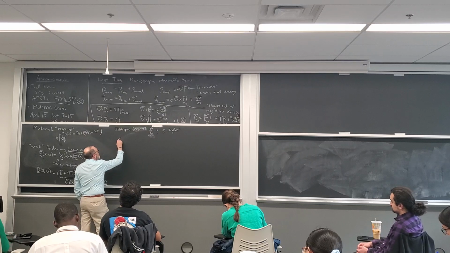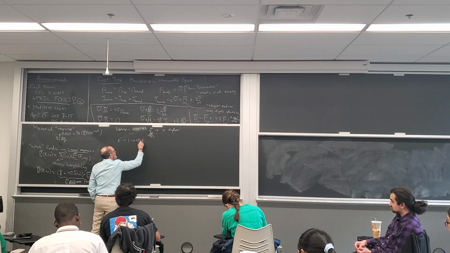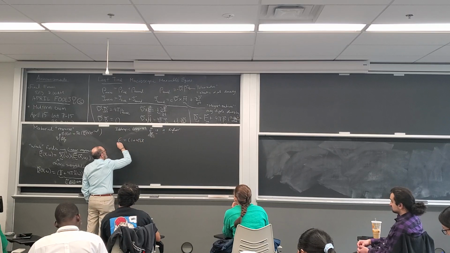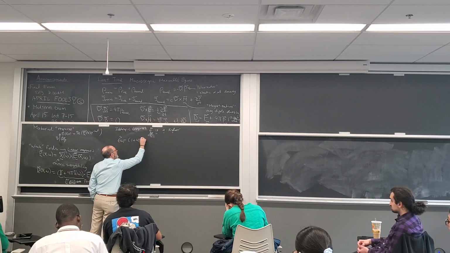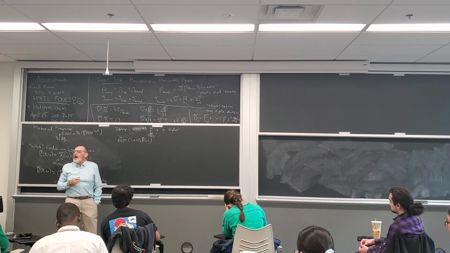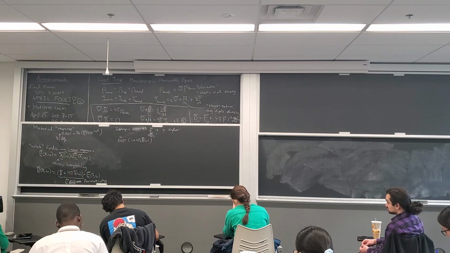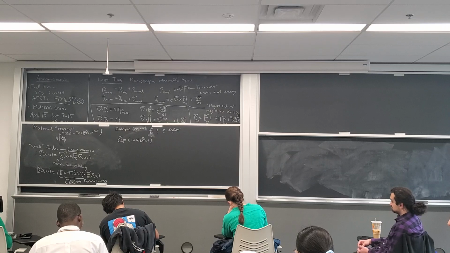In that case, we rewrite epsilon as 1 plus 4 pi chi. Generally, this is some function of frequency, and as we will see, generally a complex number. Can you have a nonlinear isotropic response? Sure, absolutely.